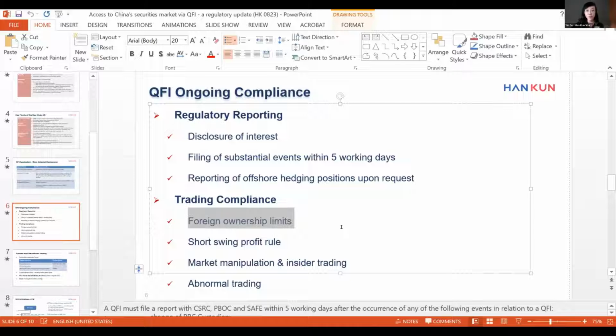And you need to consider some aggregation for compliance purposes because, as I just mentioned, other than QFI you have other access channels. So you need to aggregate your positions of the same company under the various channels that you are using, QFI, Stock Connect, etc. So that's a tricky part.